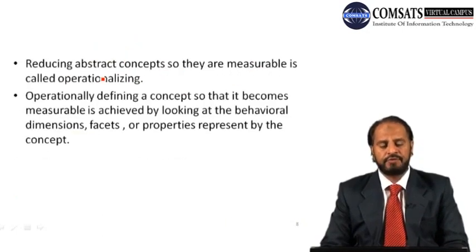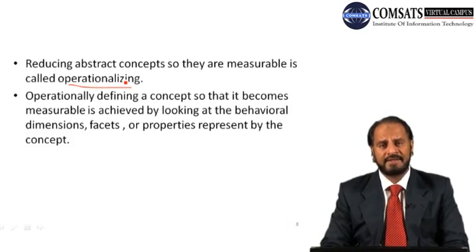So reducing the abstract concept into something measurable is what we call operationalization. Once we are able to reduce the arbitrary or the subjective concept into a measurable, that is what we call operationalization.